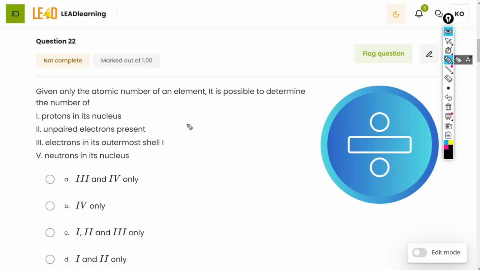Question 22. Given only the atomic number of an element, it is possible to determine the number of. So again, if I represent an element as X and its atomic number is written as the base, that is the alphabet Z, and the atomic number Z is the same as the proton number, now, given only this atomic number, what can I determine?